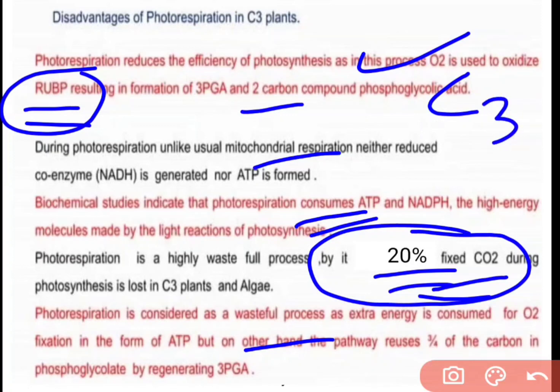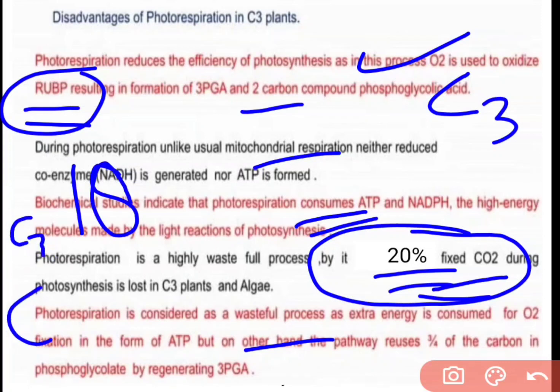You have seen when we discussed the difference between C3 plants and C4 plants, or the C3 cycle and C4 cycle, that in C3 plants only 18 ATP are used to form one glucose molecule, or to fix 6 carbon dioxide molecules.